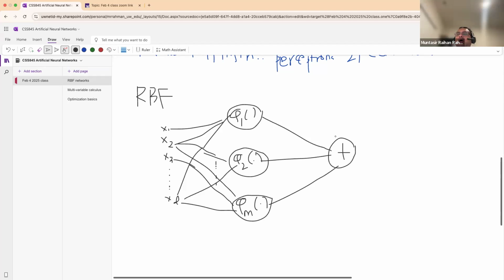And in general, we are going to have a number of output layers here, right? The number of output layers means that we have a vector valued output, and that is fine. So these are all going to be connected to all these output layers.